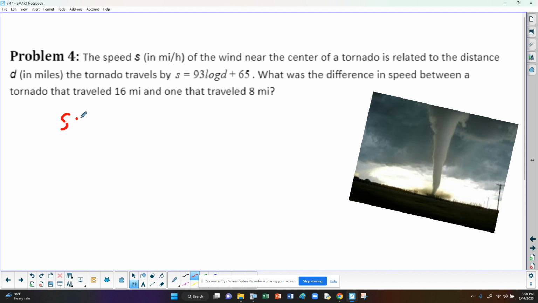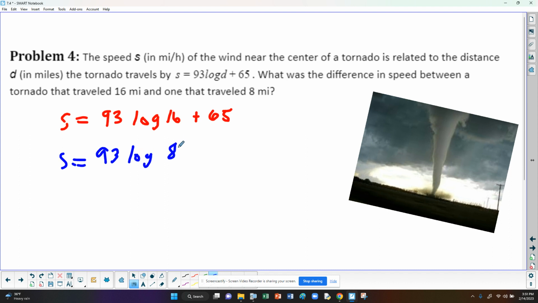So first one, S is going to equal 93 log D for that first tornado, which is 16 miles, and then we'll add that 65 on. Secondly, we'll do the speed of the second tornado, which is S equals 93 log, this time an 8-mile tornado, plus 65.